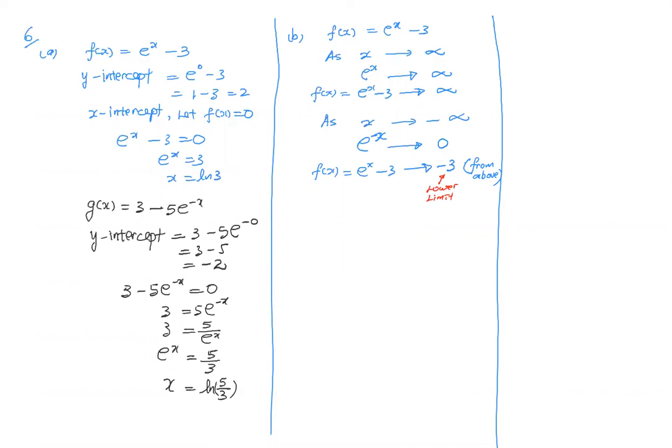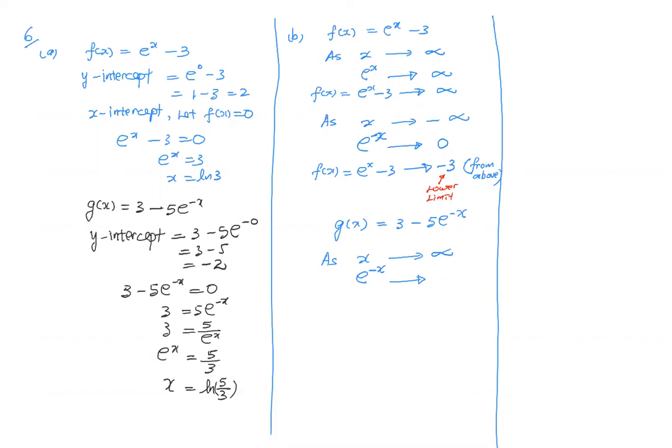So let's talk about g(x) then, which is 3 minus 5e to the power negative x. So we also start with as x approaches infinity. Can you please tell me what happened to e to the power negative x?